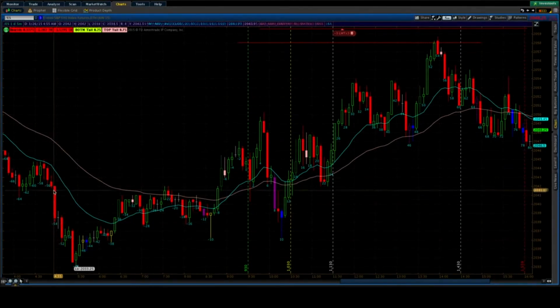Now, when you see a significant size bar, whether it's a bear bar or a bull bar, size to me is a function of conviction. And conviction, you can call energy. You can also call conviction a trend.